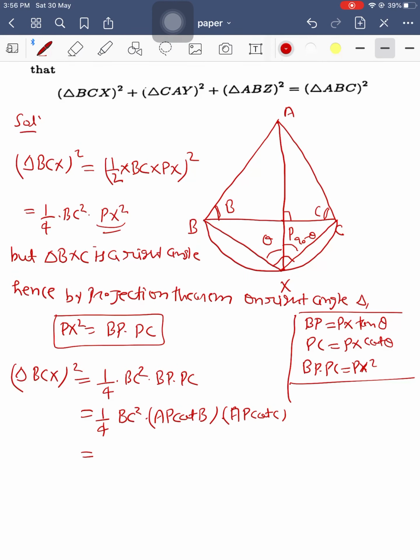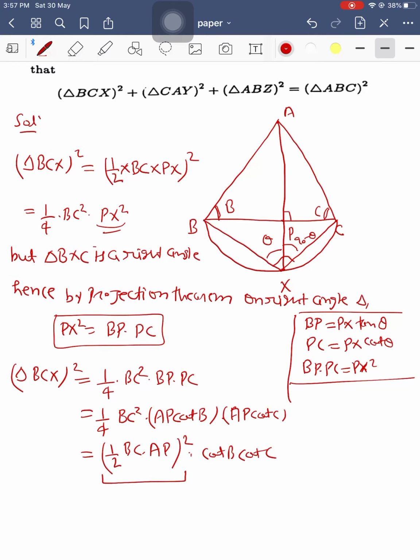Therefore this can be written as 1 by 2 BC into AP into 1 by 2 BC into AP, whole square into cot B cot C. But what is this amount?